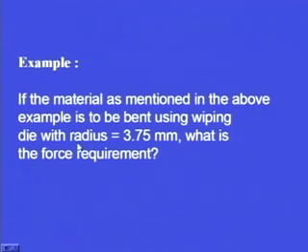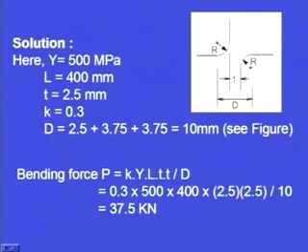This radius has been given as 3.75. This is 3.75, this is 3.75. So, how much is this length? If you take this as a center, this length is also 3.75. So, 3.75 plus 3.75 plus this T as 2.5.